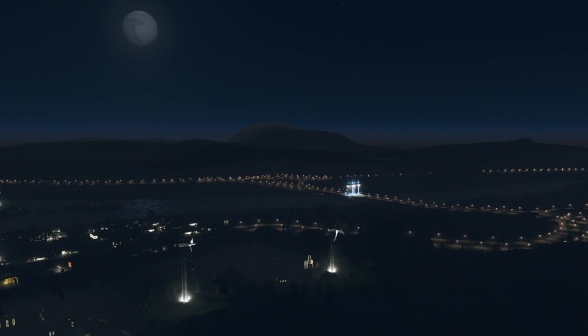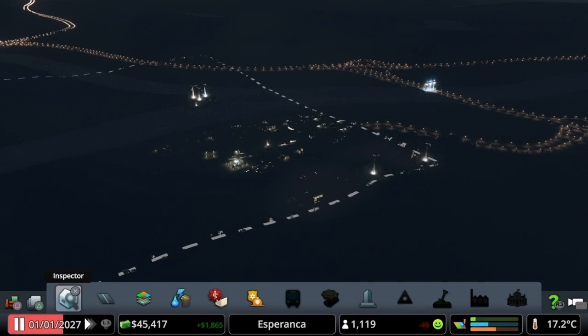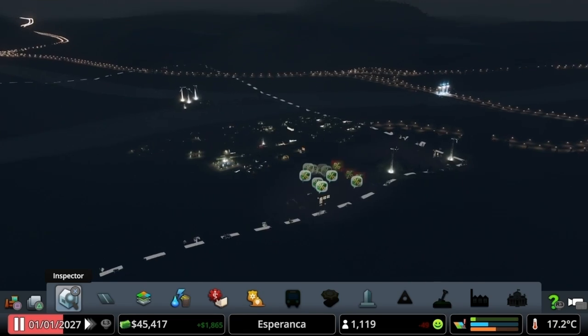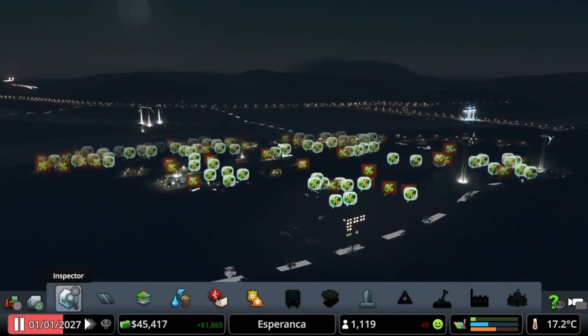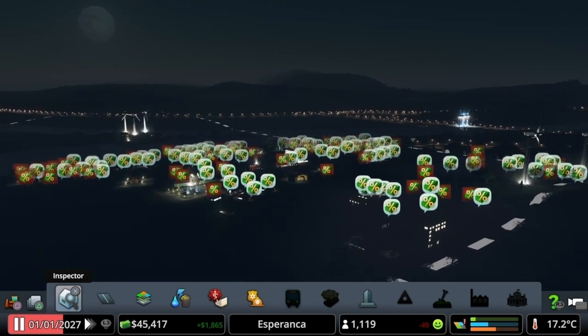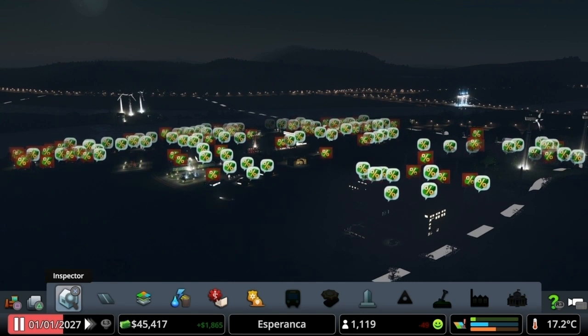So, the secret is a balance. My suggestion is 11% to residential and commercial zones and 12% to industrial. This is the balloon when you have big taxes.